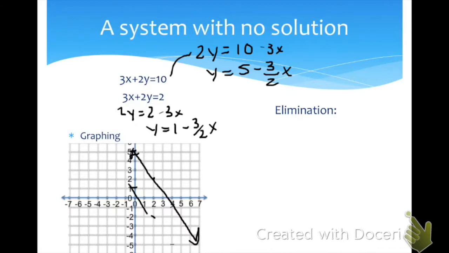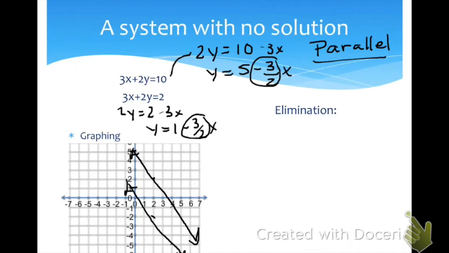Draw our line in. What do we know about these two lines? They both have a slope of negative 3 halves. These two lines are parallel. And what do we know about parallel lines? They never cross. So therefore, since they're parallel lines, this system is going to have no solution.